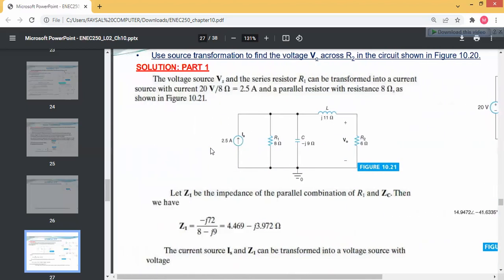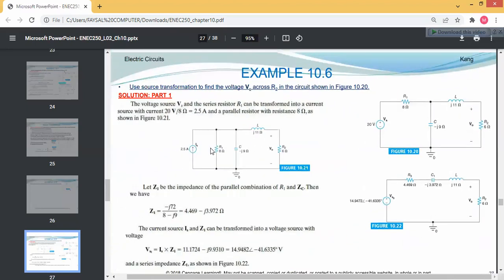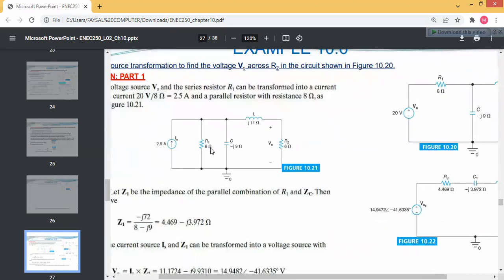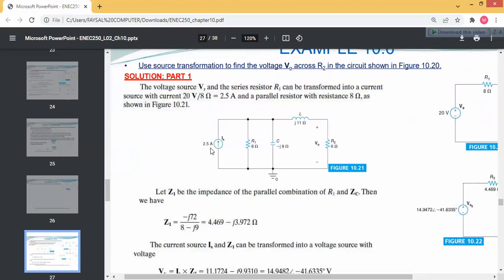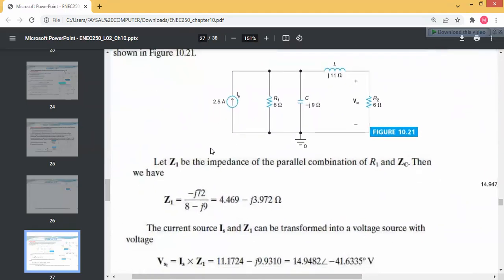Now I have to find the value of Z1. How to find the value of Z1? Using figure 10.21, shown above, Z1 will be the impedance which is parallel to R1 and ZC.